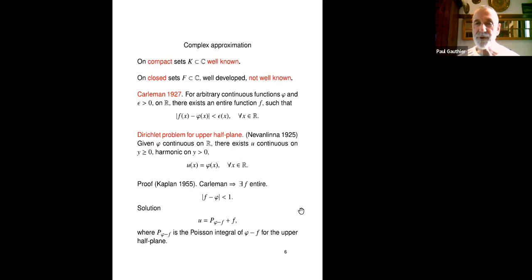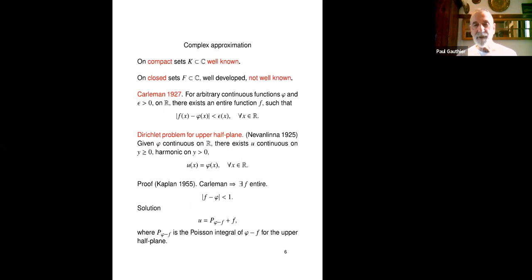It says that for an arbitrary continuous function phi and an arbitrary positive continuous function epsilon on the real line, there exists an entire function f which approximates phi within epsilon at every point of the real line. Since epsilon is an arbitrary positive continuous function, it's interesting to think of epsilon as going to 0 very fast as you go to infinity. It's allowed, you can do that.